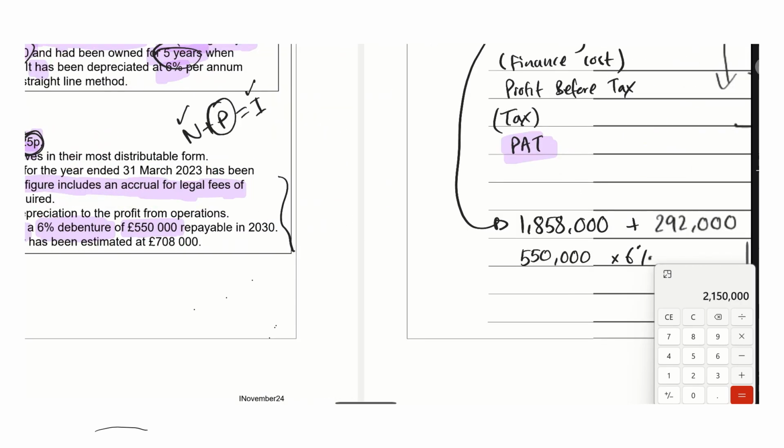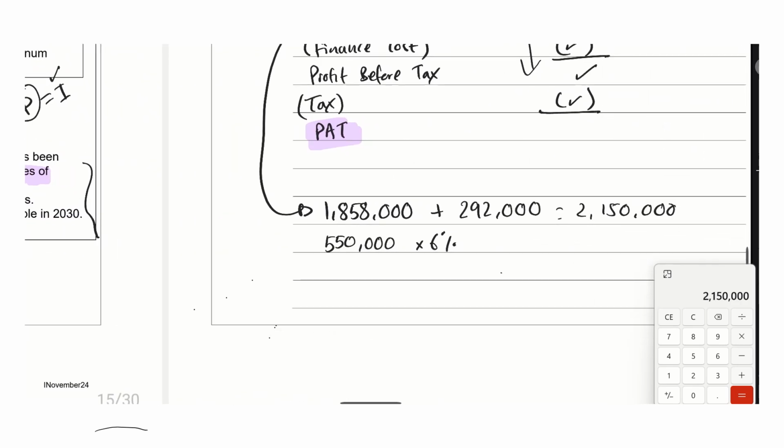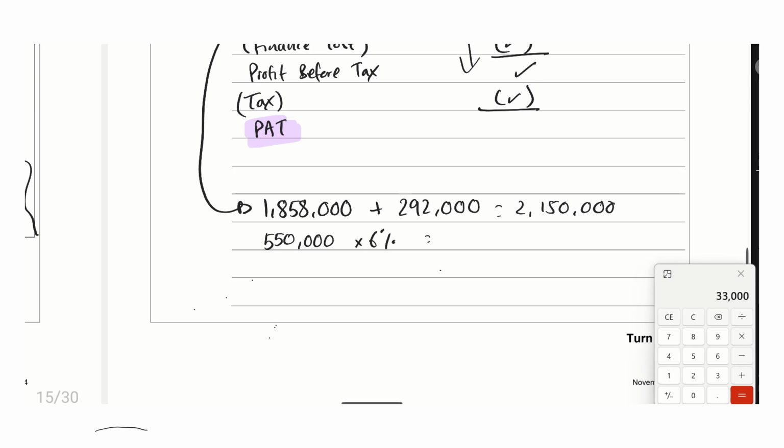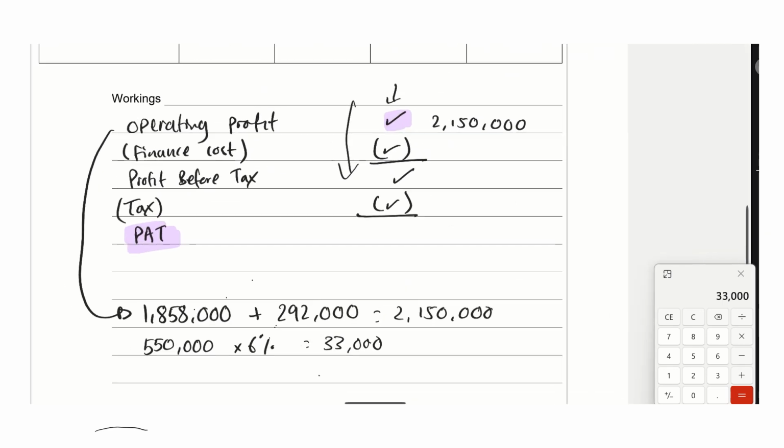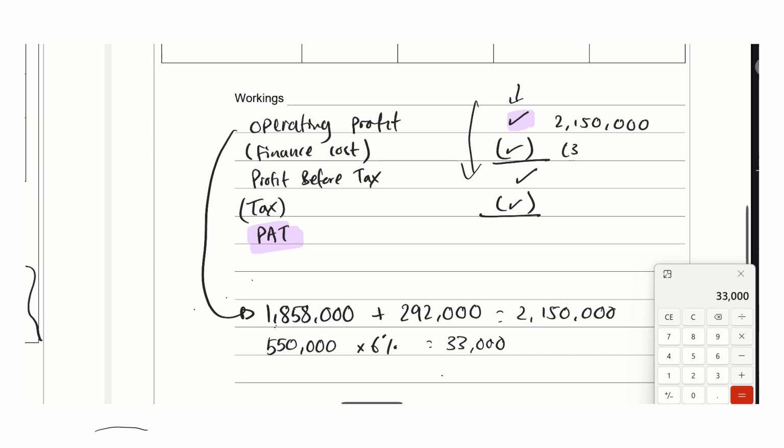So you've got to be very careful with the dates always. Okay, so 550,000 times 0.06, and you get 33,000. So this is the finance cost for the year. Now we have that information, we can put it here, and we can calculate the profit before tax.